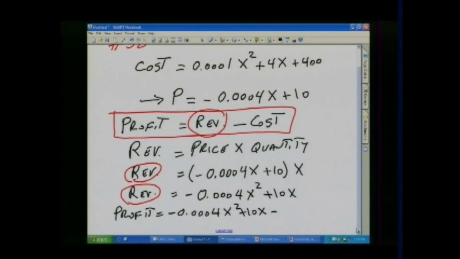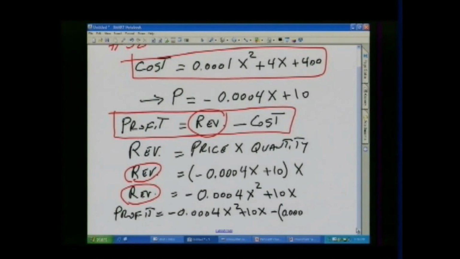Cost is given right here. So that's minus 0.0001x squared plus 4x plus 400.